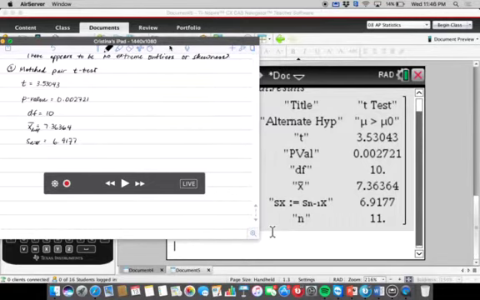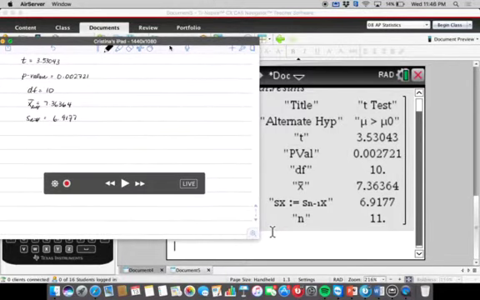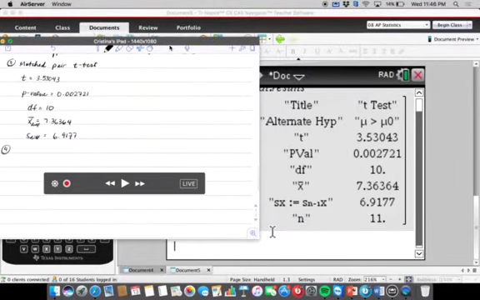Okay, so now we can go ahead and write our conclusion. Now, just so you know, this is going to be on a t-distribution with degrees of freedom equal to 10. All right, and what we calculated is, of course, a t-value of 3.53043. So you're 3.5 standard deviations above the mean, which is 0. And you calculated this particular area, this p-value, which is going to be 0.002721.